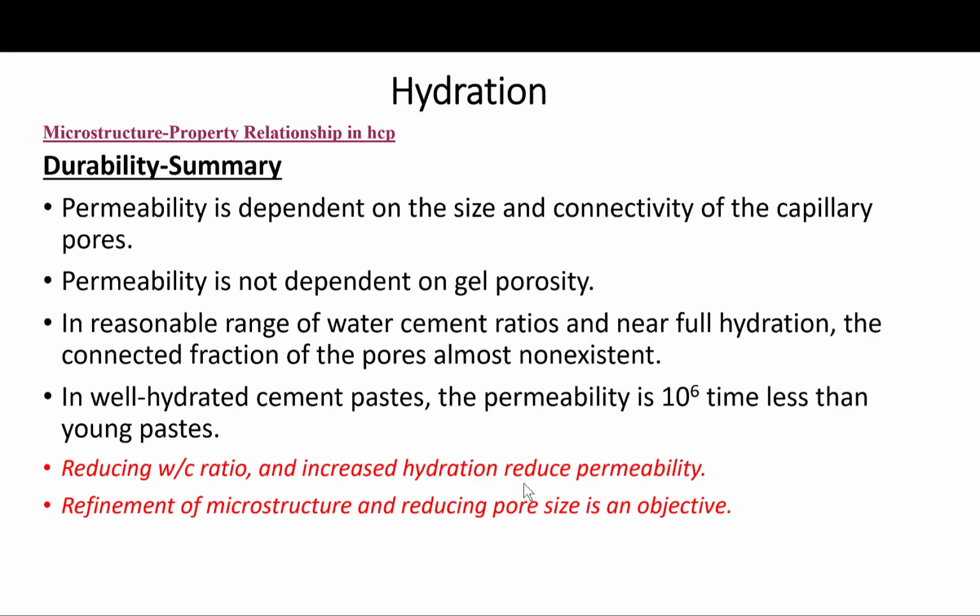A particularly low water cement ratio can be achieved in mixes using the high range water reducers and very fine pozzolans such as silica fume. We will talk about those when we talk about chemical and mineral admixtures. I'm just mentioning these here since we are on the subject of refining the microstructure.